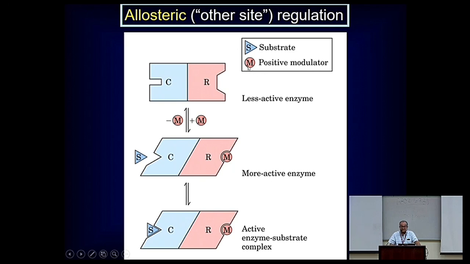It can be positive or it can be negative. In this case, it's positive. So here's M, again, a small organic molecule, completely different than the substrate. It's going to bind to the regulatory subunit. And by binding to the regulatory subunit, it's going to activate the catalytic subunit.